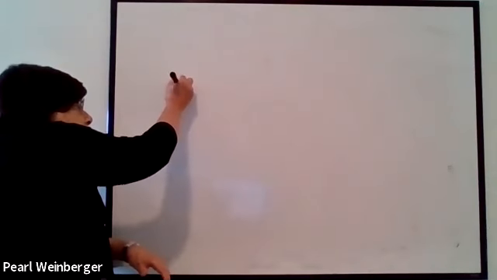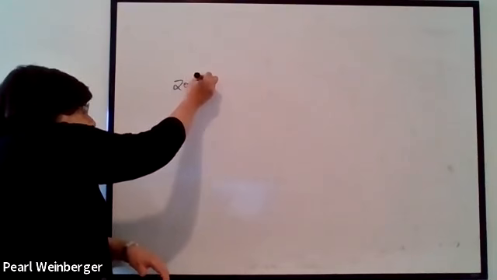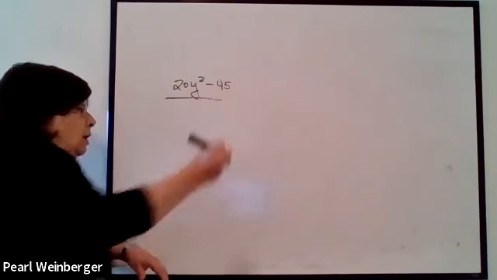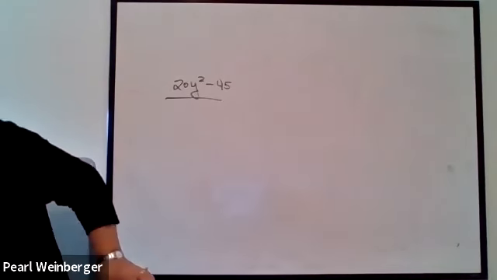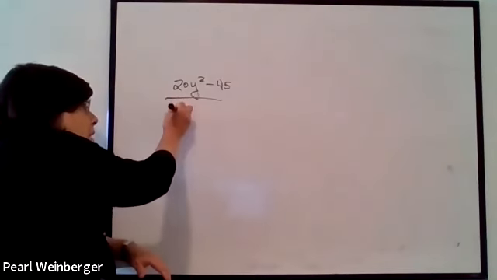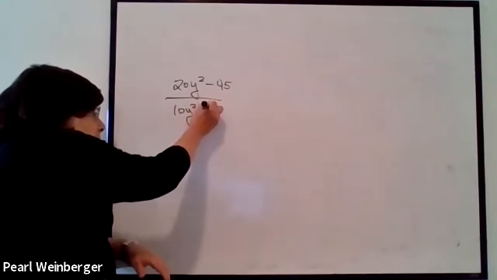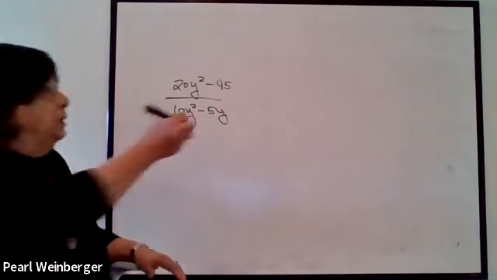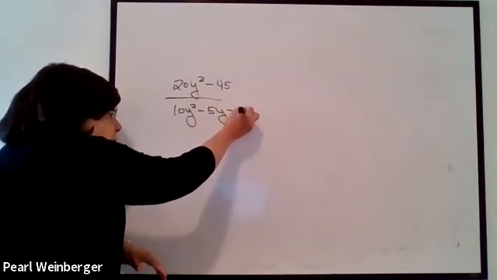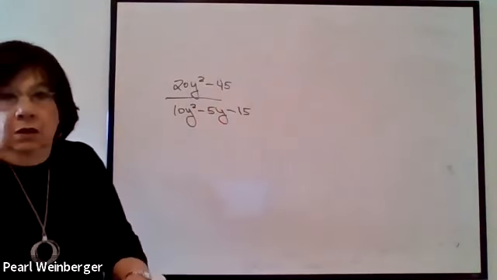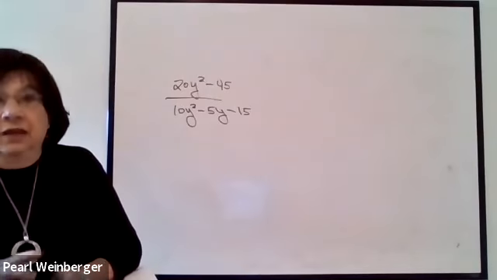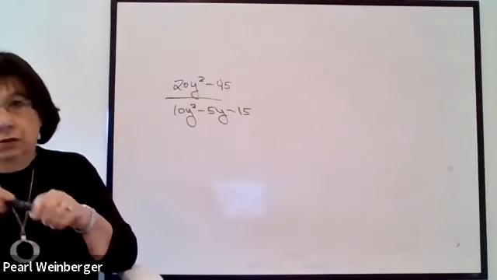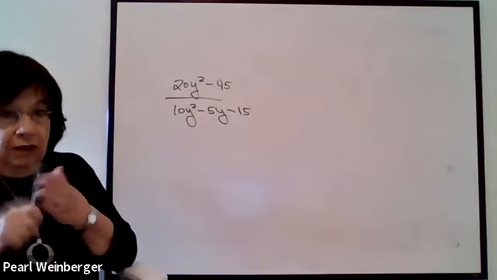Suppose I gave you 20y squared minus 45 in the numerator, and the denominator is 10y squared minus 5y minus 15. I'm going to give you a few minutes to see if you could simplify this rational expression. Remember, you have to factor everything first.